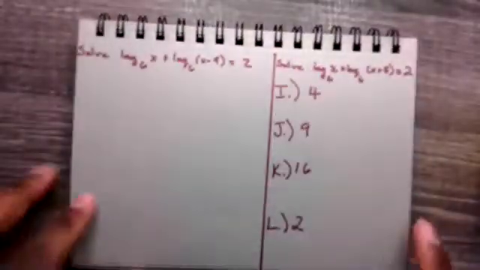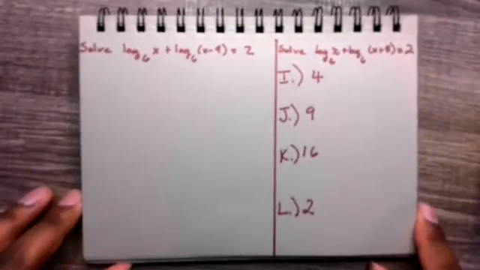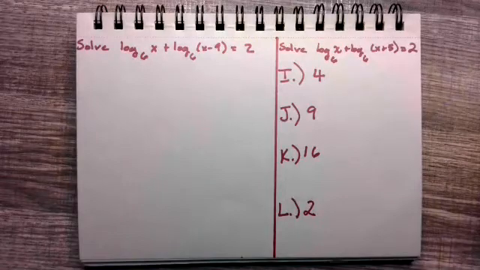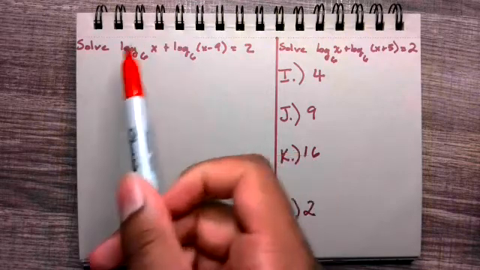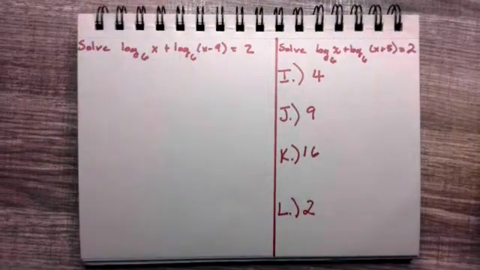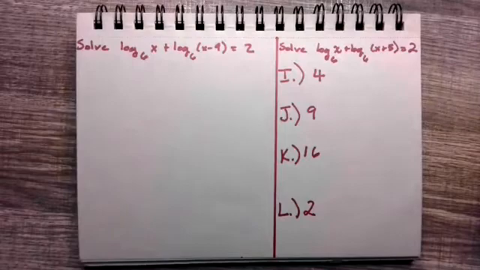Last but not least, we've got an equation using a little bit of everything that we've learned thus far. According to that product rule that we learned, I have two logarithms that are a sum. That means it's the product of their insides.